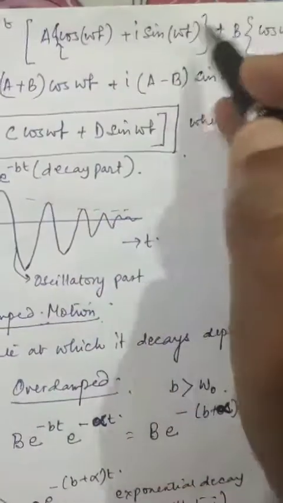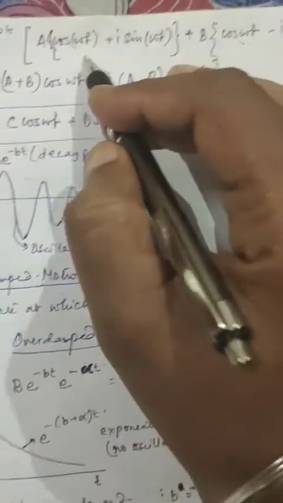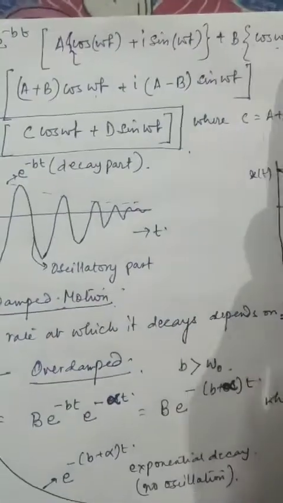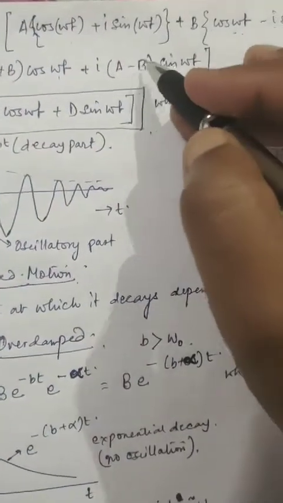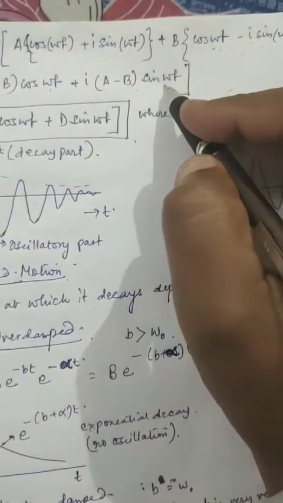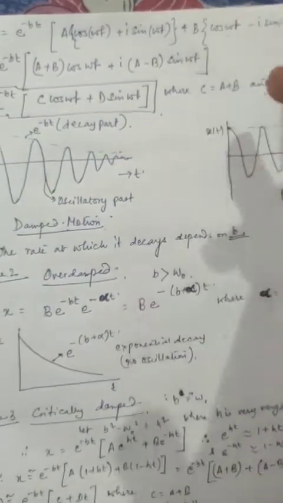So I can take cos omega t as common, so it becomes A plus B, and i times A minus B will be there in case of sin omega t. This is the mathematics. You can do it on your own.